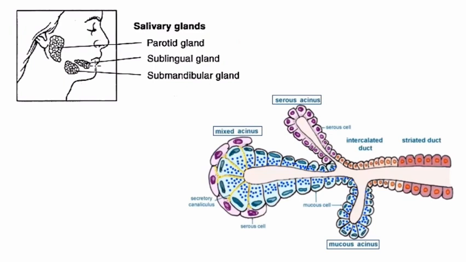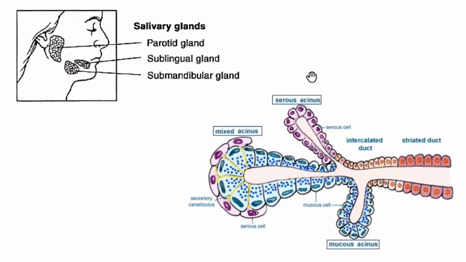We have a parenchyma that consists of secretory cells, which we call acini or end pieces, and the branching duct system. It is arranged in lobules separated by connective tissue that originates from the capsule. We call them the connective tissue septa.